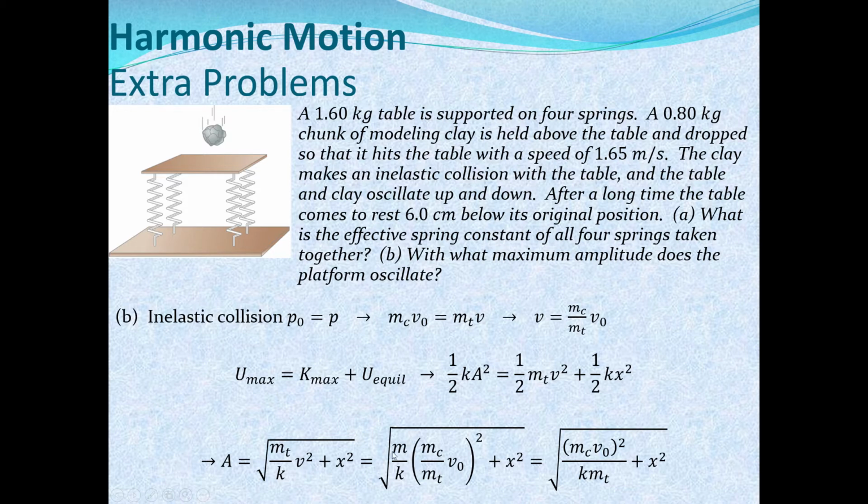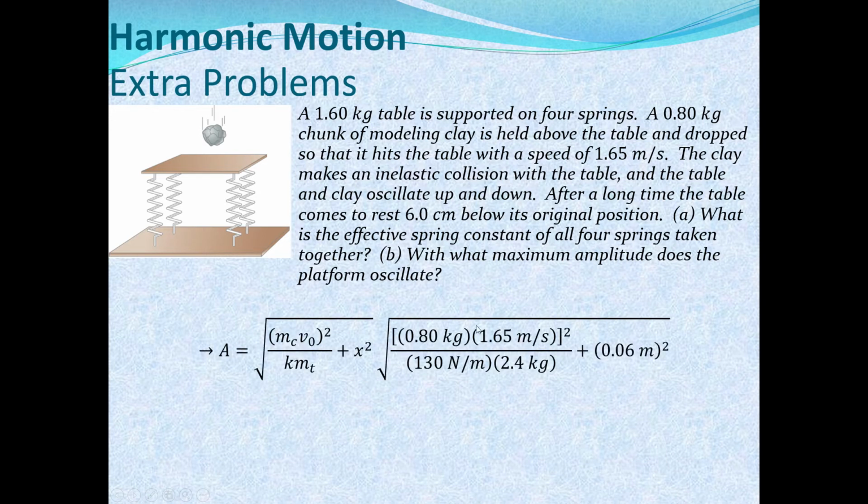It's going to drop one of these masses, and I'm going to end up getting this as my simplified equation. So this is now in terms of everything that I know. So taking that and plugging in the numbers I was given, I end up finding that the max amplitude is about 9.6 centimeters. And that's 9.6 centimeters from the original position.